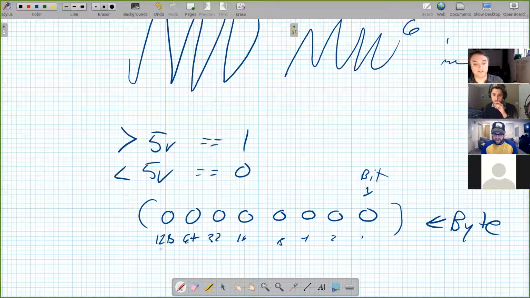The challenge there is we can represent 256 different numbers with this. That's not that much. So we can also represent arbitrarily big numbers by saying we group them by larger counts of them.